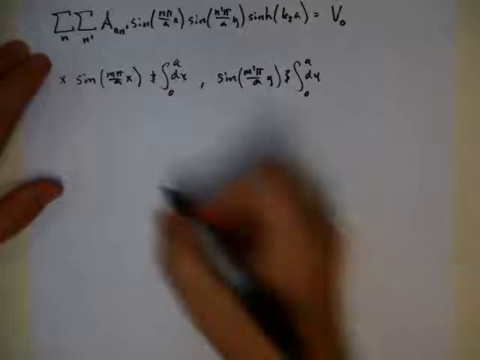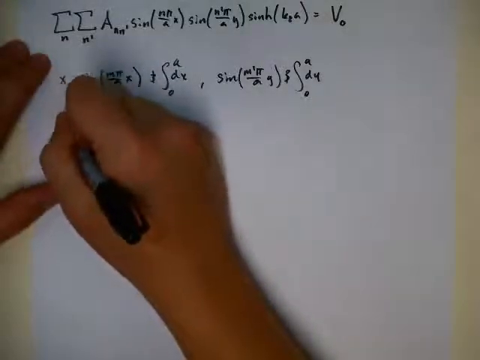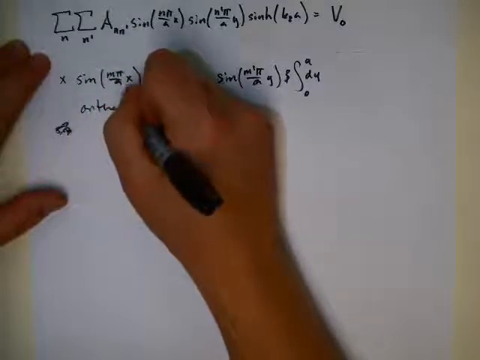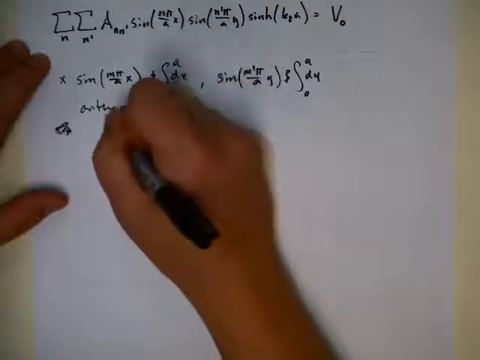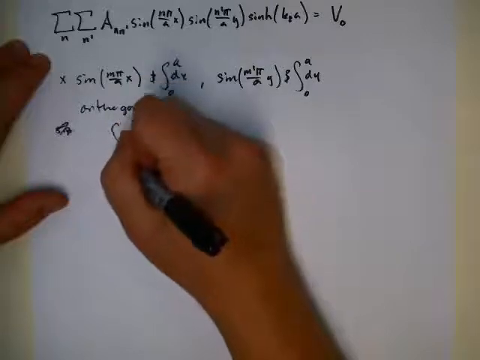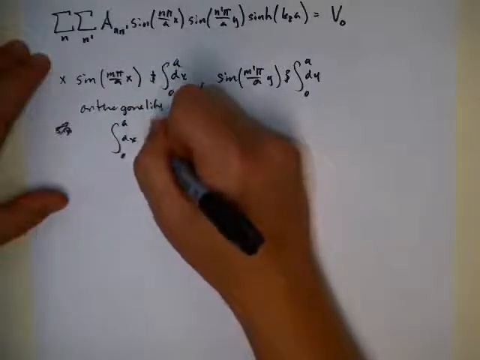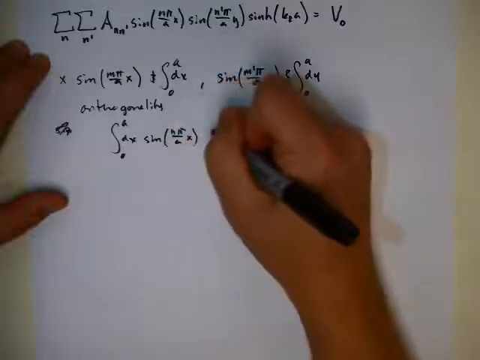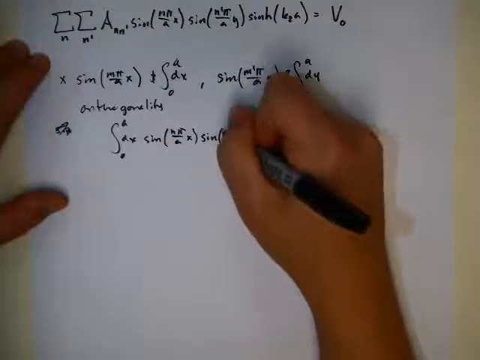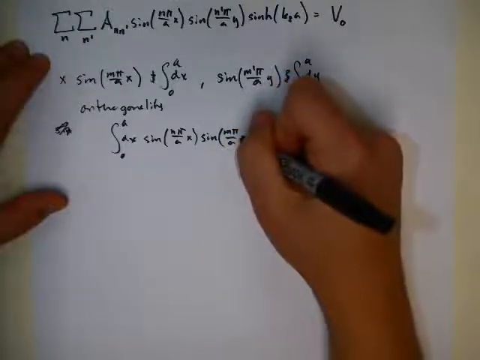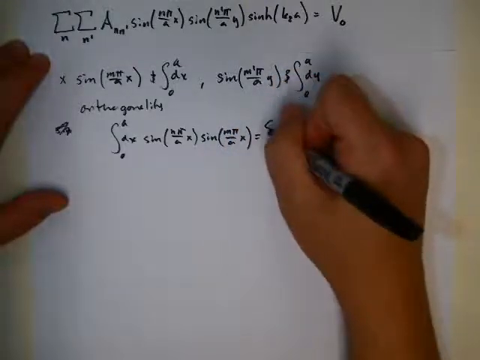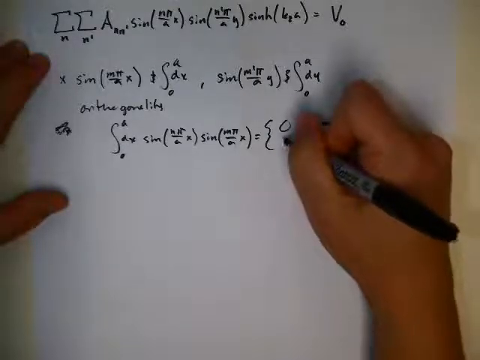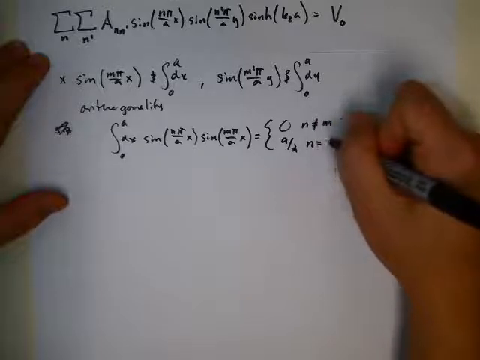And then we're also going to use this trick, the orthogonality. The integral dx from 0 to a of sine of n pi over a x sine of m pi over a x is equal to 0 for n not equal to m, and equal to a over 2 for n equal to m.